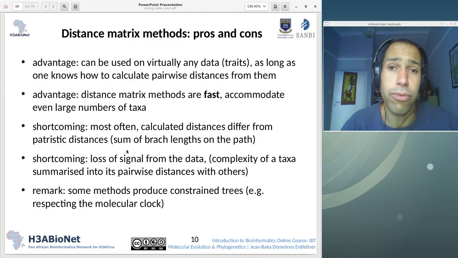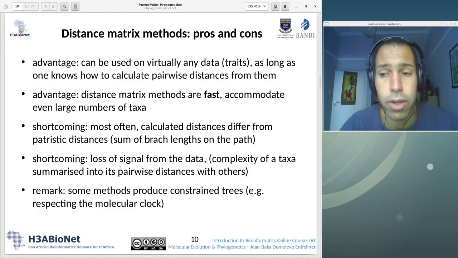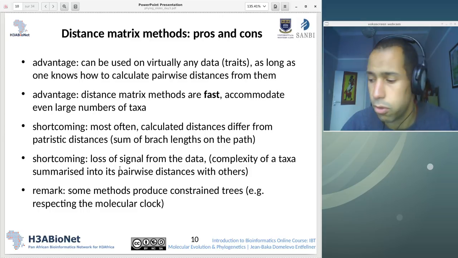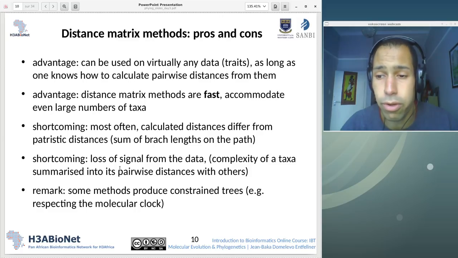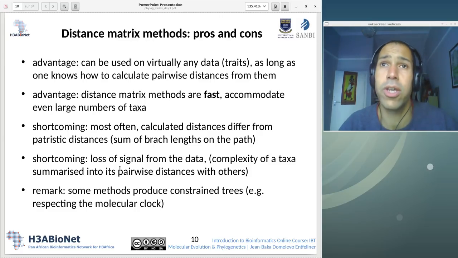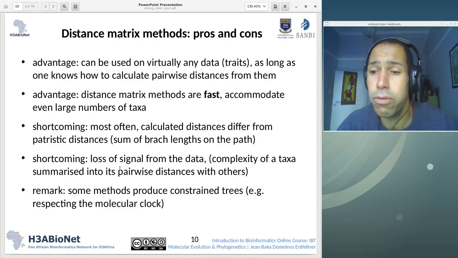For instance, if you build a phylogeny on a quantitative trait, then that's extremely simple to devise a distance between taxa, because basically if you say I'm building a phylogeny of mammals based on the diameter of the skull measured in millimeters, for instance, it's a basic number, a real number.